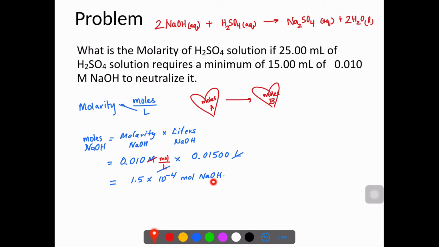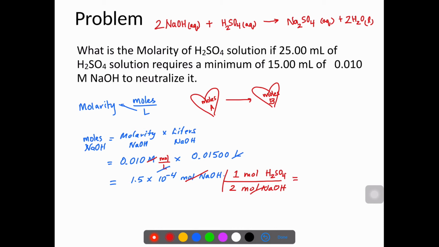So if you have that many moles of sodium hydroxide, it's going to take that divided by 2 because you can see 2 moles of sodium hydroxide takes 1 mole of sulfuric acid. That's the molar ratio from the balanced equation. So moles of sodium hydroxide cancel out, and we can find how many moles of sulfuric acid reacted with it.